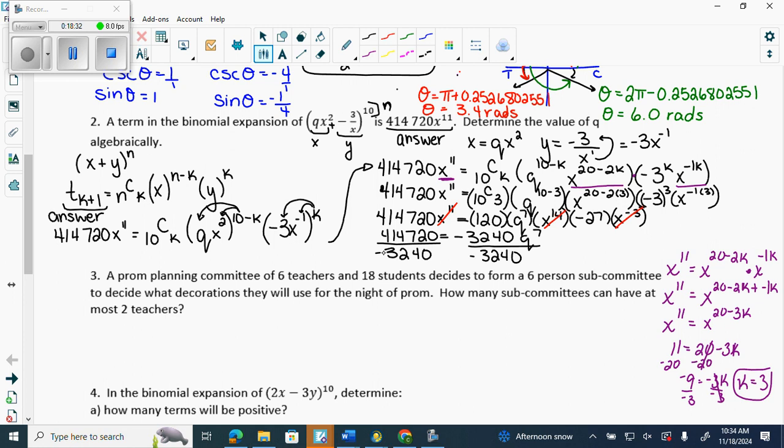We get q to the 7 equals negative what? And then I have to take the 7th root. So that's 7 math number 5, I believe, in your calculator. That gets you the 7th root of negative 128. What do you get?